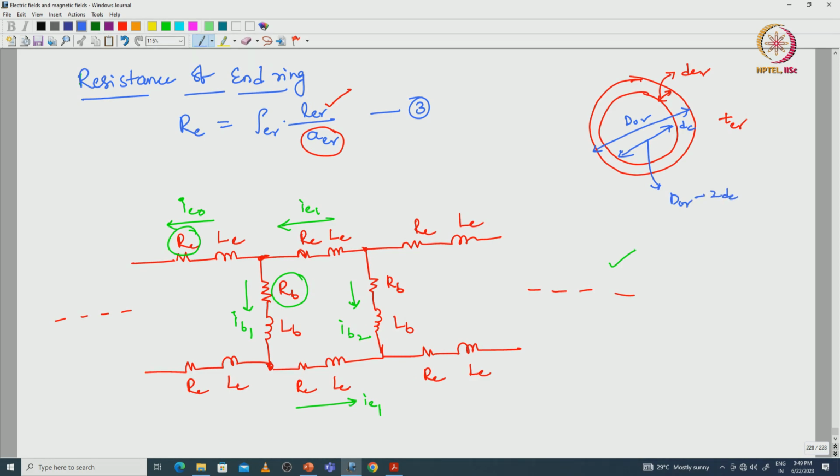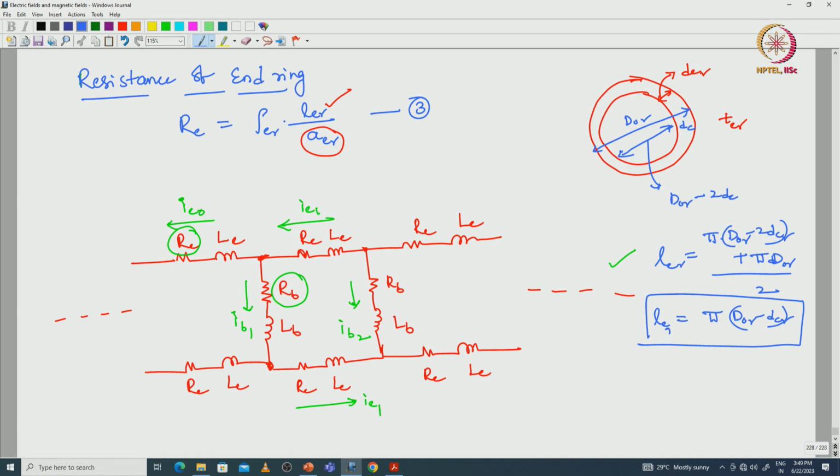From here we can calculate the mean length of the end ring, LER, equal to pi into (d naught r minus 2 dc) plus pi into d naught r, divided by 2. It will result in pi into (d naught r minus dc), where dcr is the depth of the back iron. So, this equation will give the mean length of the end ring.